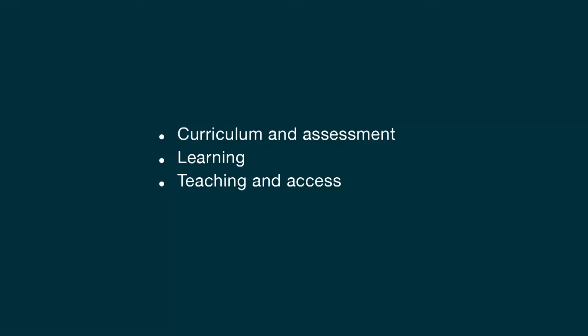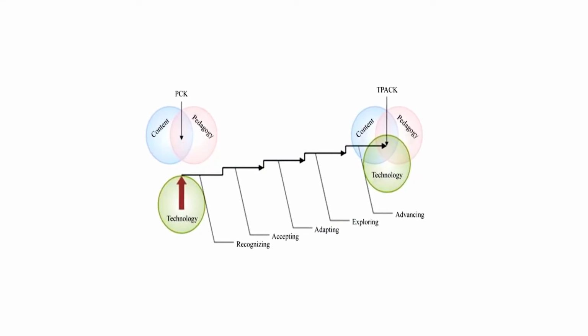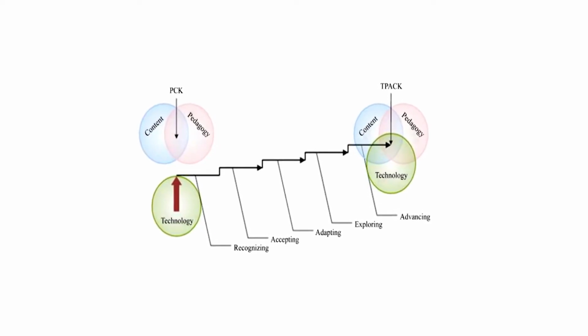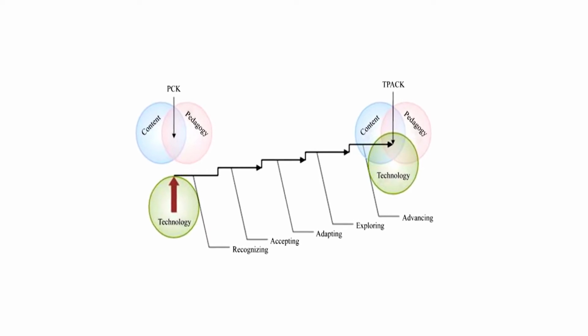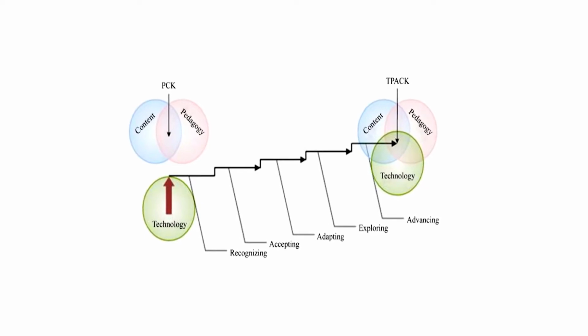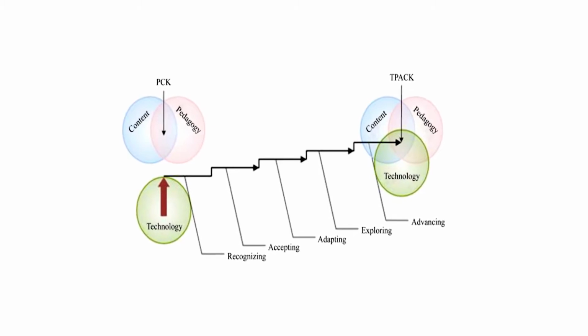the model suggested by Niess and colleagues, 4 major themes emerged from their proposed TPACK developmental model: curriculum and assessment, learning, teaching and access. The figure shows that teachers with sufficient background in pedagogical content knowledge go through the stages of recognizing, accepting, adapting, exploring and advancing with technology for each of the 4 major themes.